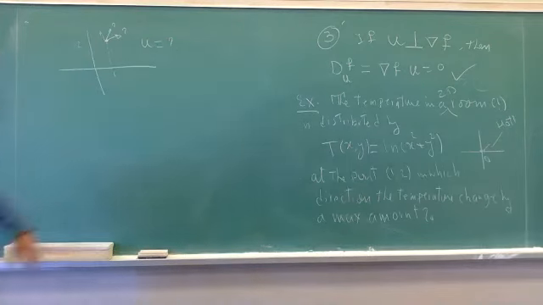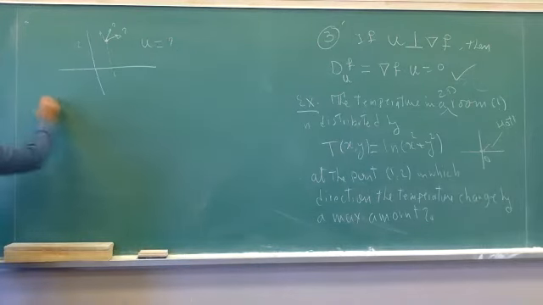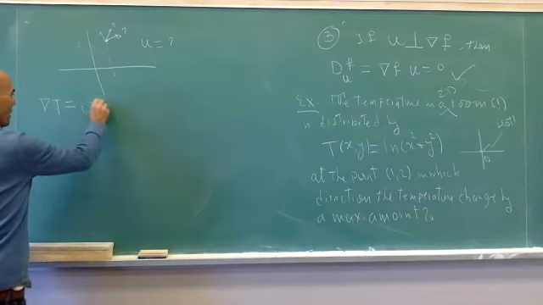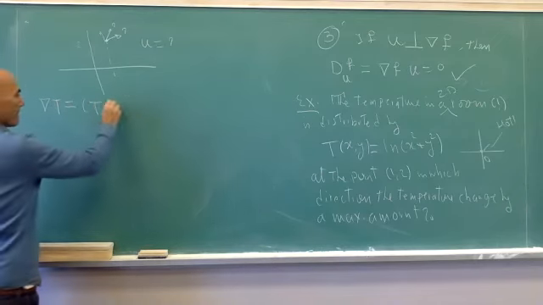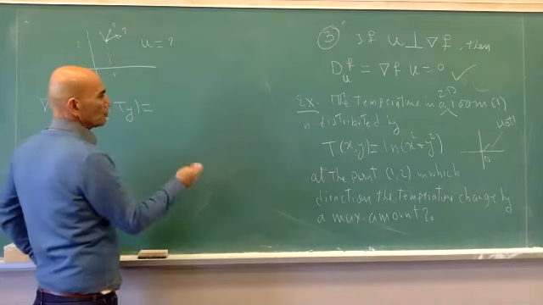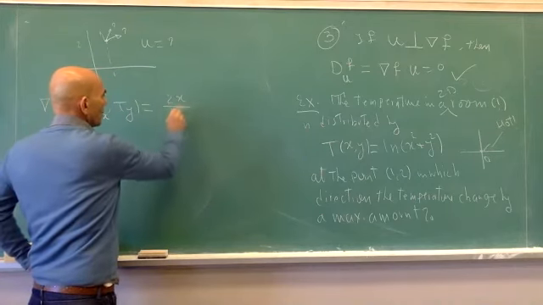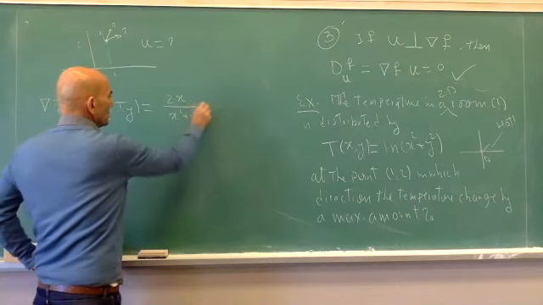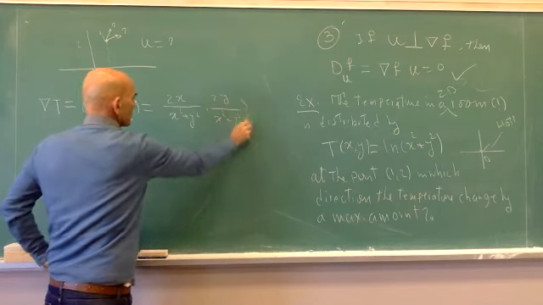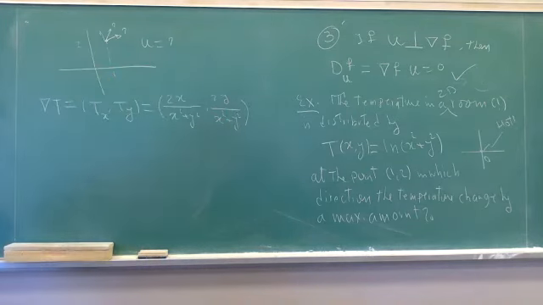Well, according to this, we have to compute the gradient of T. The gradient of temperature is (Tx, Ty). Well, that's equal to ln u, u prime over u. This is 2x over x squared plus y squared, 2y over x squared plus y squared. And we want to know in which direction we have to move, right?